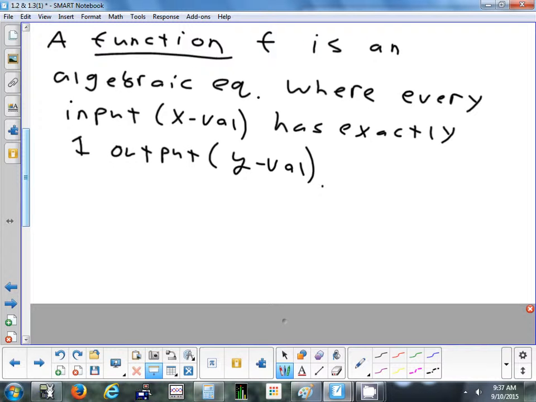Sometimes in Algebra 1, you see this done as a picture. So they do something like domain, range, put some values here, put some values here, and you draw arrows between them.